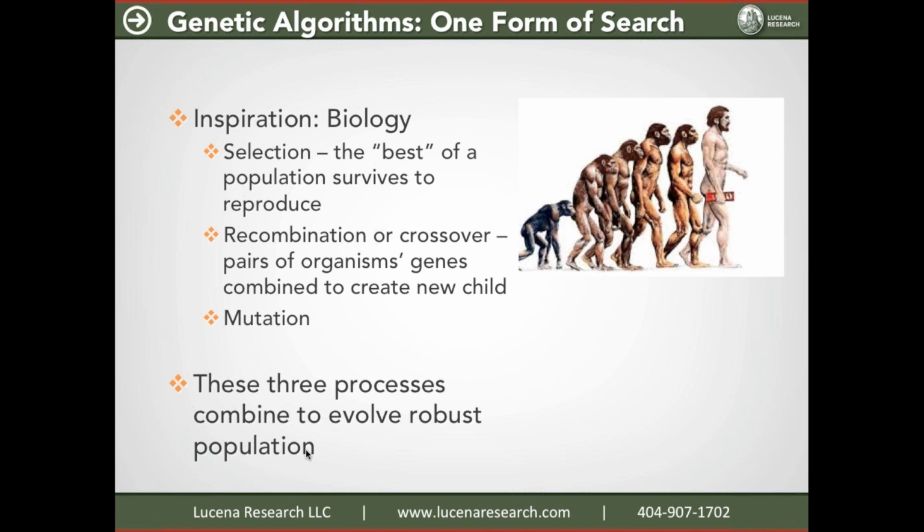Another is mutation. Every now and then there's some sort of random switch thrown in that causes something random to happen. Most often that's negative. It's not necessarily a good thing, but then again, sometimes, rarely, mutation can cause a positive result. So we take inspiration from those three processes, and that's how we build a genetic algorithm.